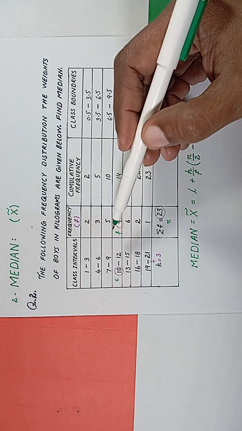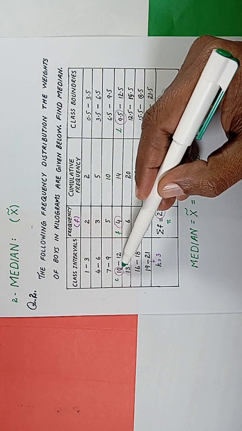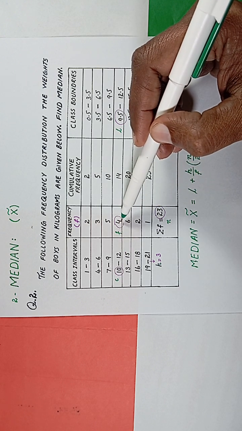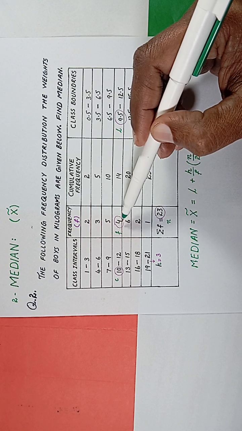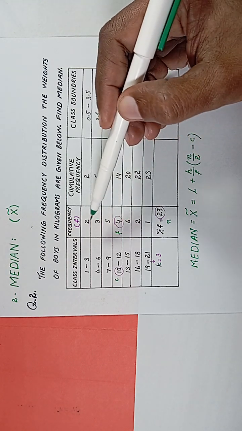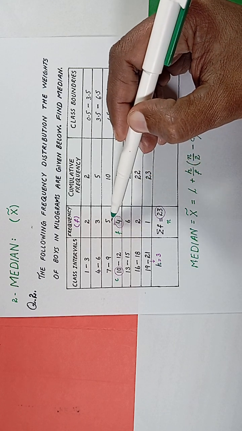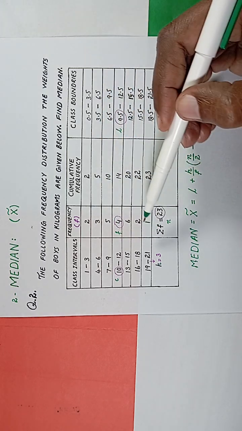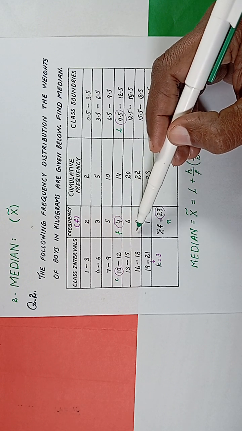First we find out why the class boundary 10 to 12, class interval with frequency 4, is called the median class. Because above this class there are 3 classes, 1, 2, 3, and below it again there are 3 classes, 1, 2, 3.